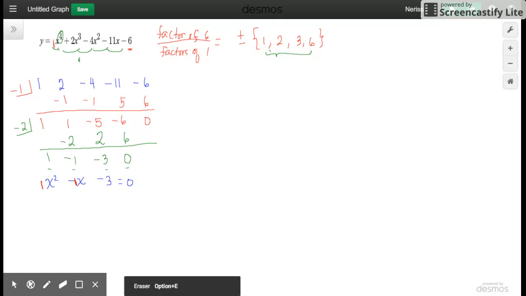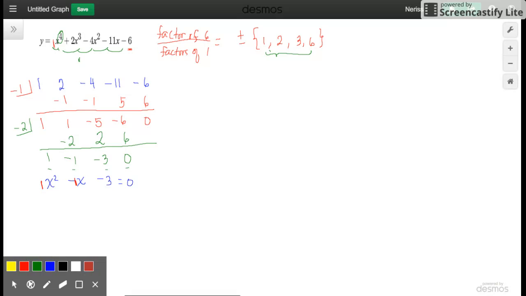Notice that we have a quadratic equation here. And we know from first semester how to find the zeros of a quadratic function. We know that we can use either completing the square or the quadratic formula.